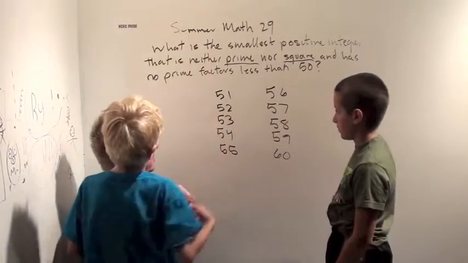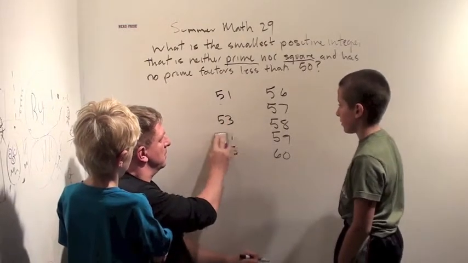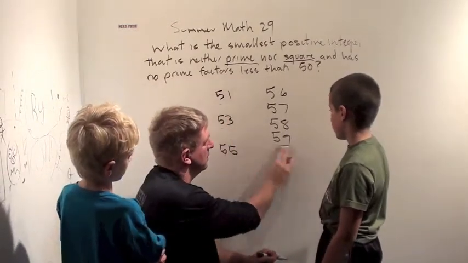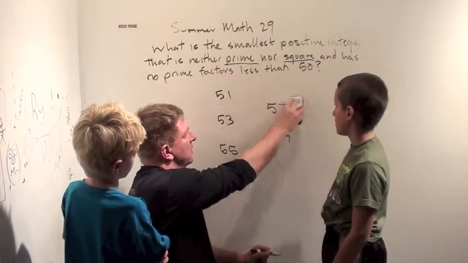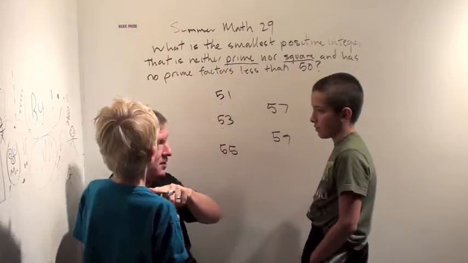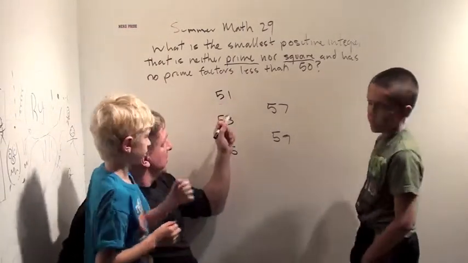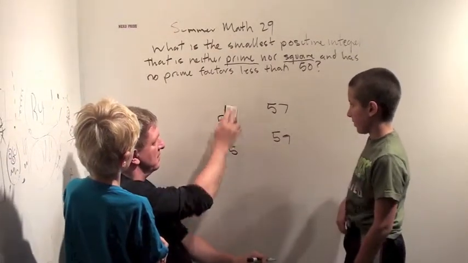We can cross off all of the even numbers. All the evens, okay. Then we can do the multiples of 3. Are there any others that are obviously not prime? 51. Why? It's divisible by 3. Why is that divisible by 3? Because if you add the digits, that gets to 6. And 55 is divisible by 11.